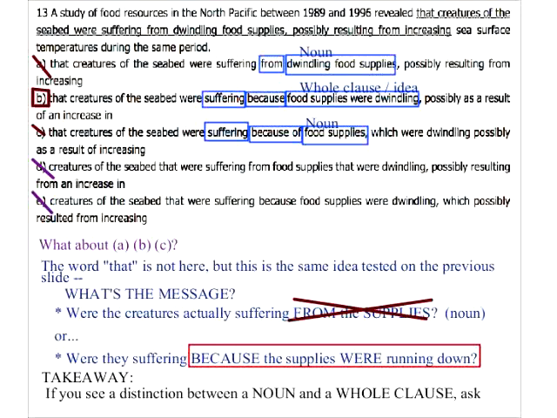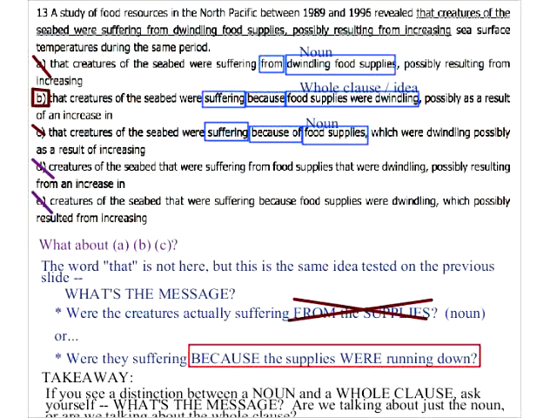Are we talking about just the noun, or are we talking about the whole clause? It's not a difference that you can memorize. You have to understand what it is that the sentence is talking about.